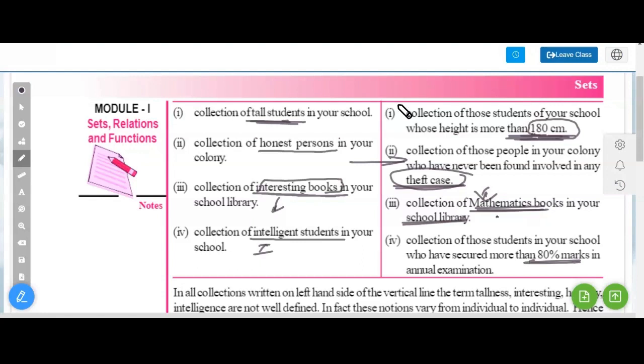A specific mark is given. You can calculate or get the result based on this rule. Okay, so these things on the right hand side are well defined. So we can call these a set, whereas on the left hand side it is not a set. It's not well defined. That is the meaning of a set.